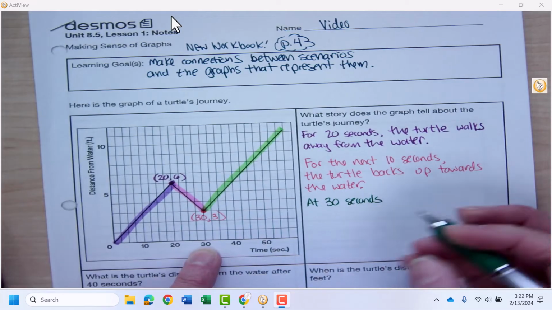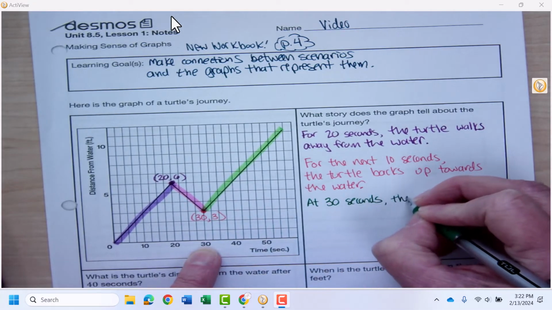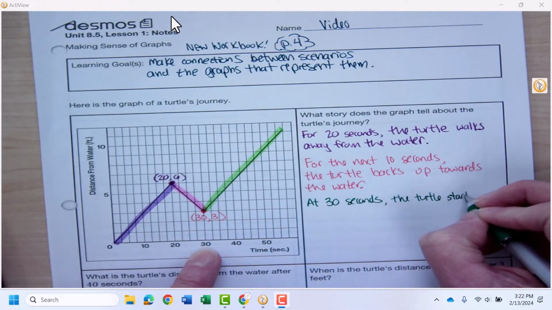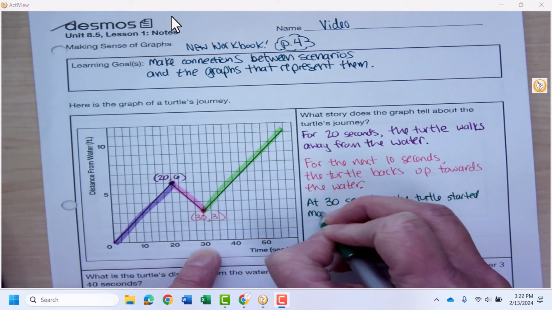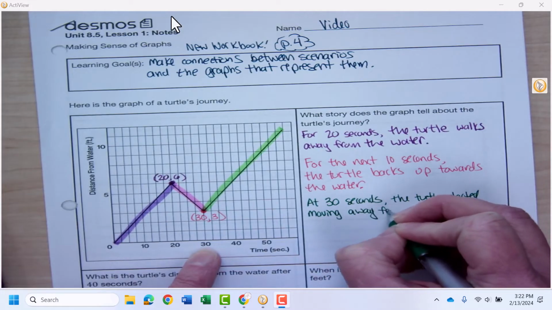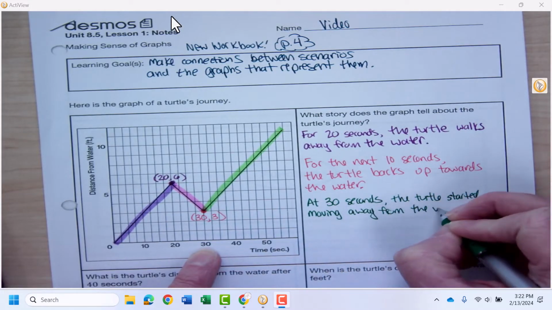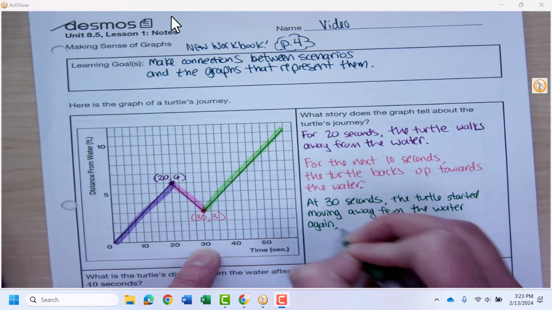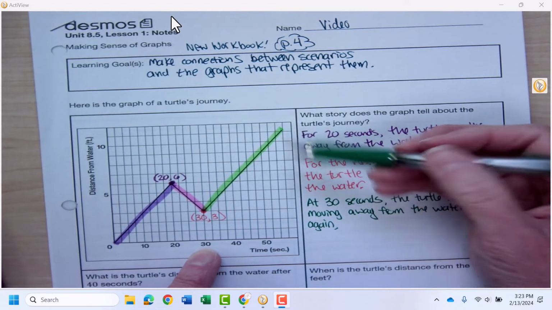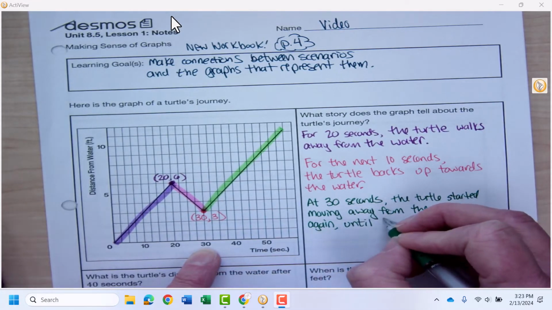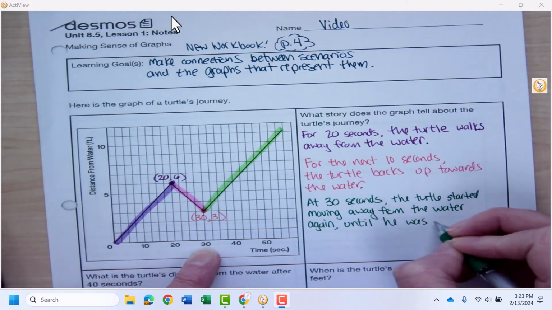At 30 seconds, the turtle started moving away again, away from the water again, until he reached a distance of 11 feet. Until he was 11 feet from the water. I'm assuming it was a he.